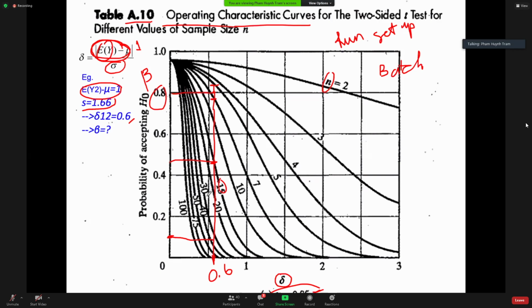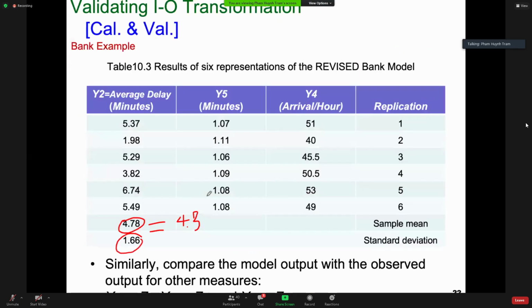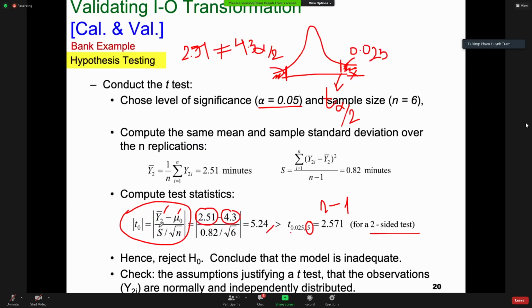From the number of replication n, you also can use the hypothesis testing, the t-test, to get a conclusion whether our simulation model output is statistically significantly different from the system model. Okay, class.